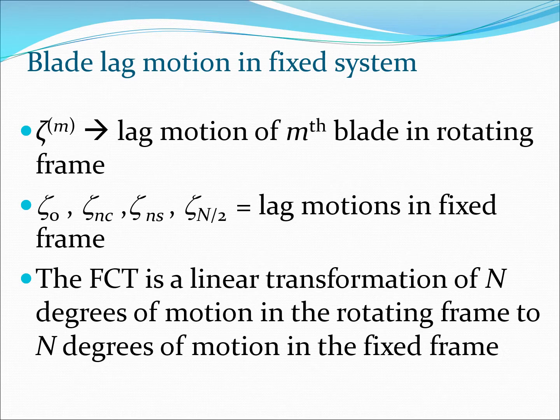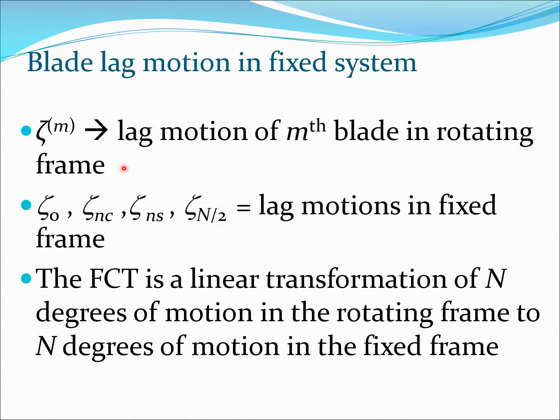Now, if we look at the lag motion, zeta is the lag motion, and we put a superscript m, so this refers to the lag motion for the mth blade in the rotating frame. So let's say if there are 4 blades, there is going to be zeta superscript 1, zeta superscript 2, zeta superscript 3, and zeta superscript 4.